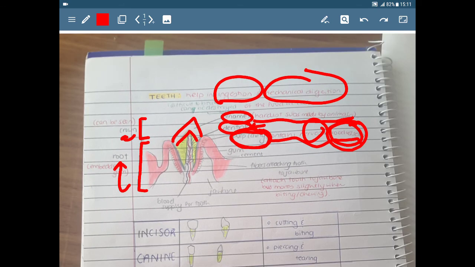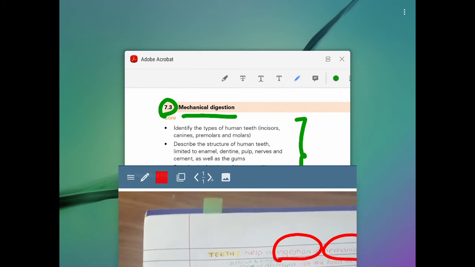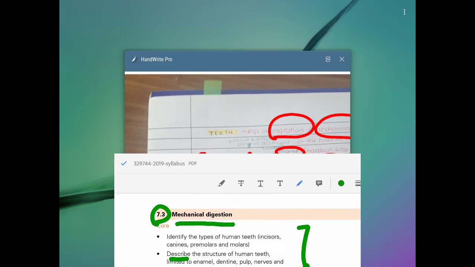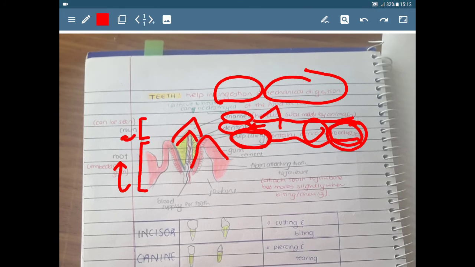Now, you also have the gum. They will only ask you to identify the structures, I think. Just describe the structures.